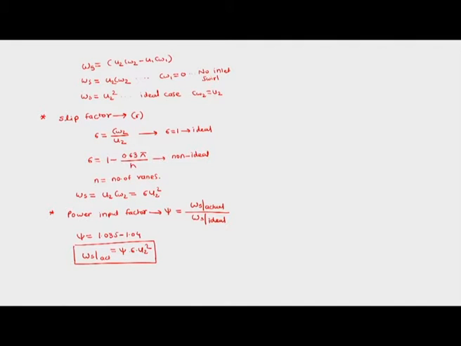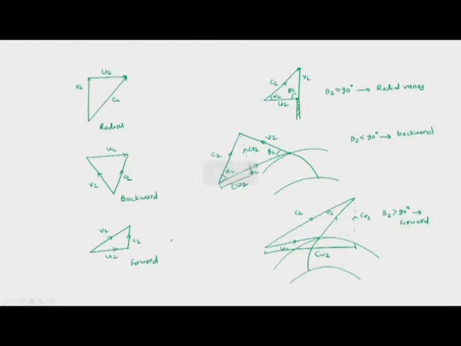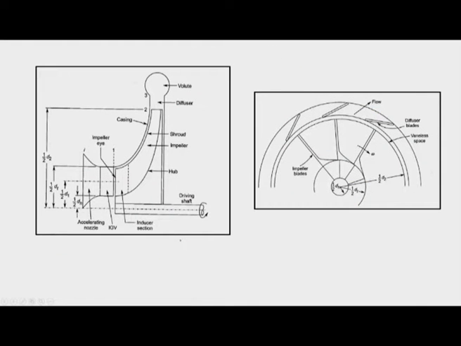So if we go back and see the diagram we had seen earlier, which is the configuration of the centrifugal compressor, we can see that this is the inlet of the centrifugal compressor, and from here to here we have the inlet accelerating nozzle, and from here to here we have the inlet guide vane.